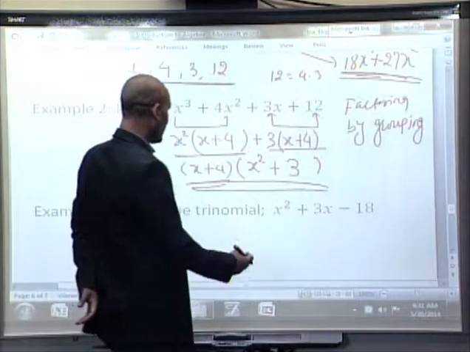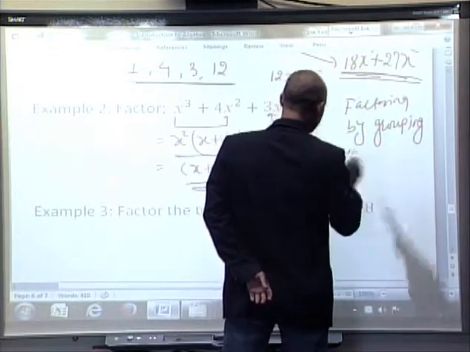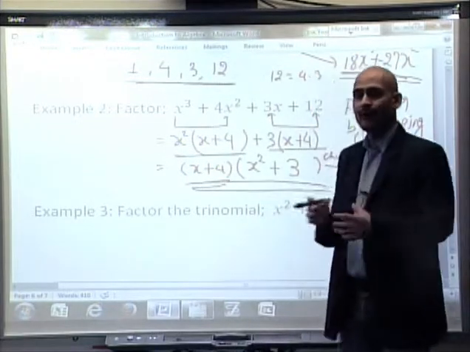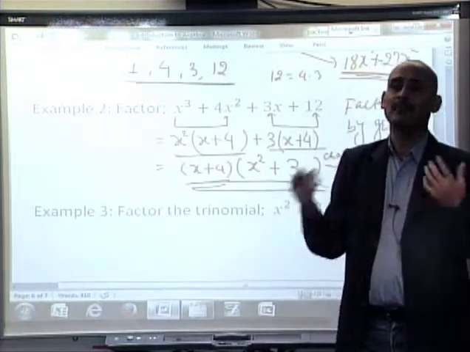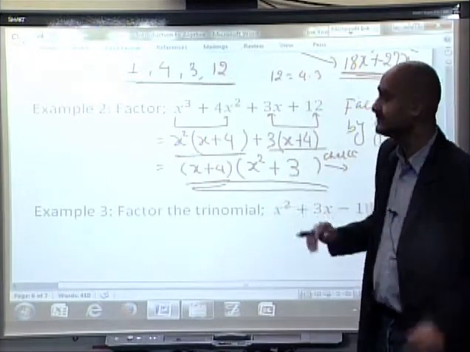Well, if we want to check this, we can do as before. In order to check if our factoring is correct or not, we will have to multiply. Recall that multiplying and factoring are reverse processes.